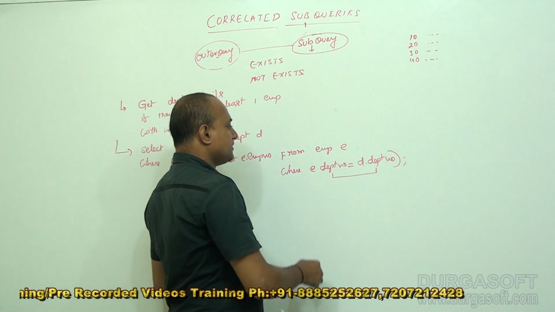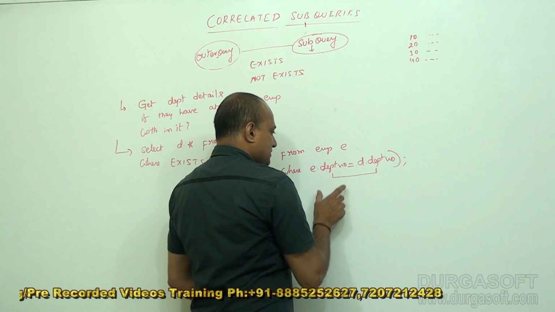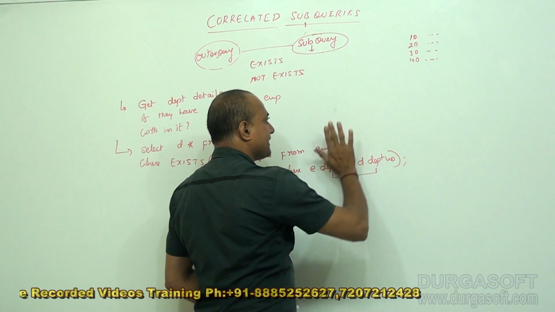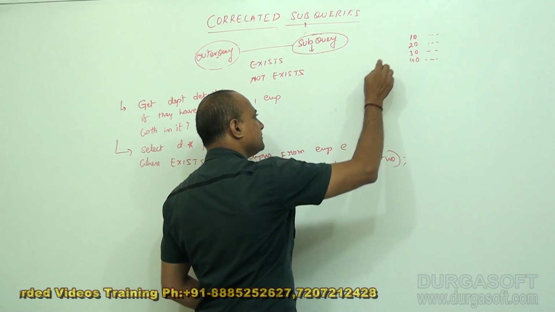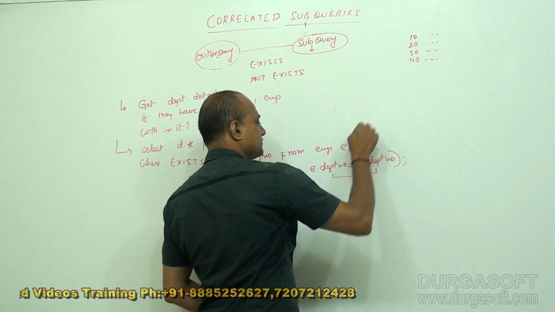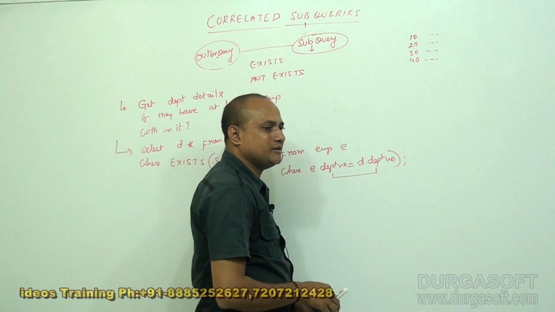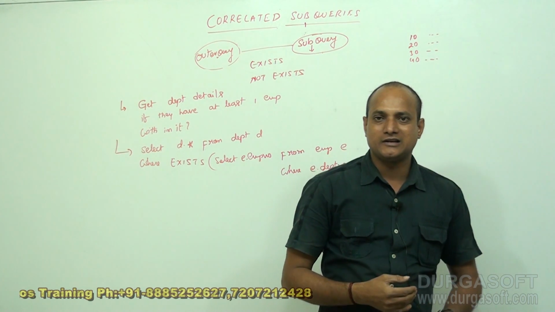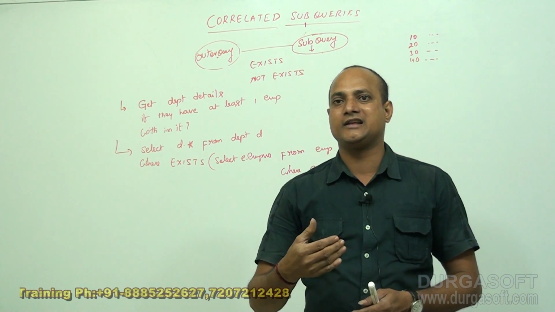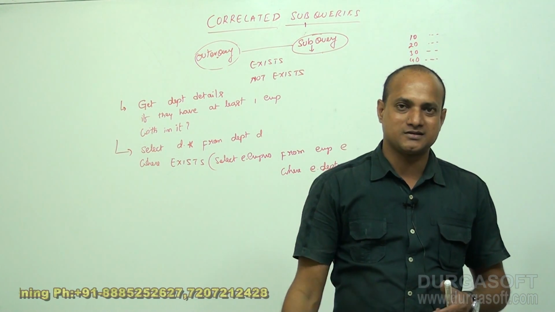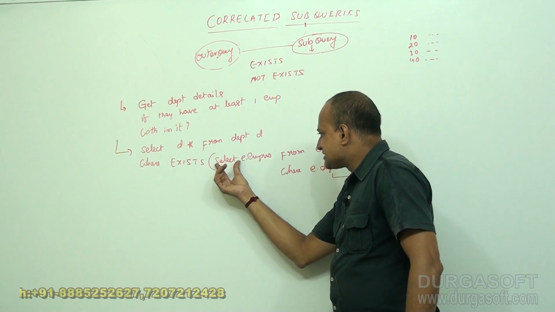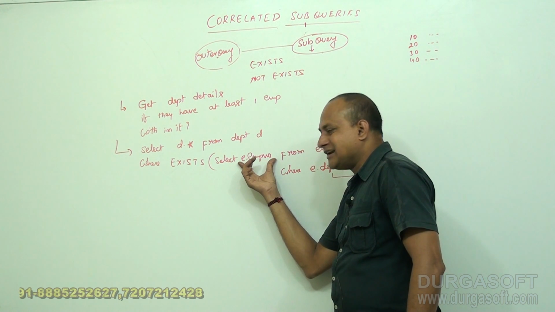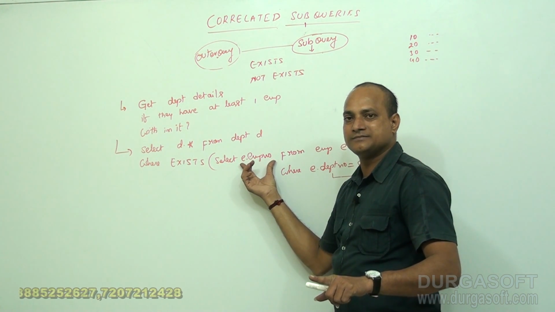Let us assume some employees are working under 10, some employees under 20. Let us assume 30 and 40 are not matched with any employee department number. In such a case, the subquery is not selecting any employee number for the 30th department.